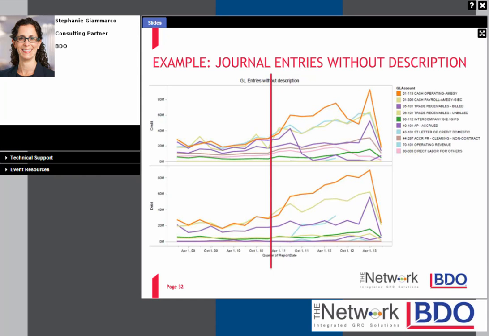Now that could be an issue in terms of a potential fraud or potential risk, or that could be a breakdown in your controls or a breakdown in training. Maybe you got a new person in your department and they didn't realize that they had to enter descriptions. Or maybe there was a problem with how they were trained, and so this simply wasn't addressed.